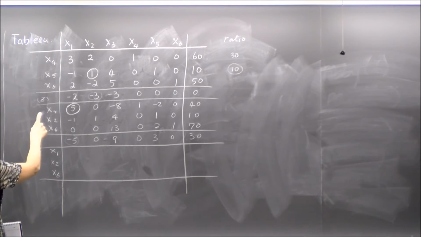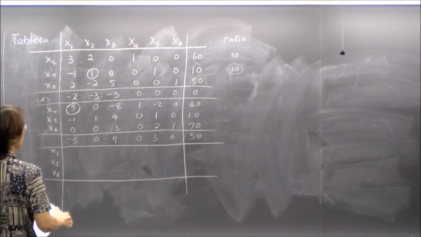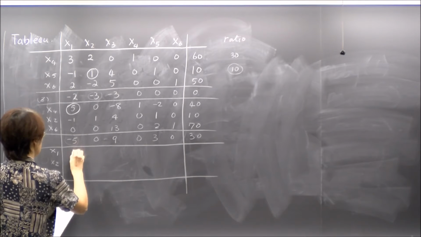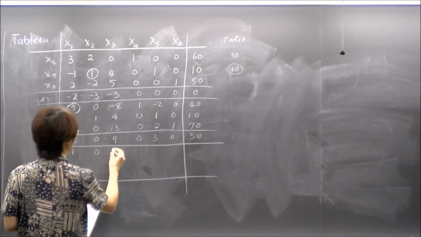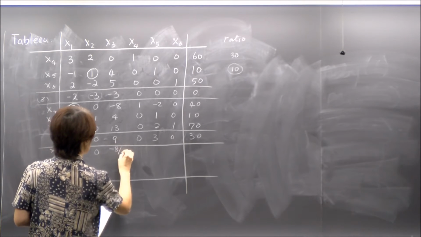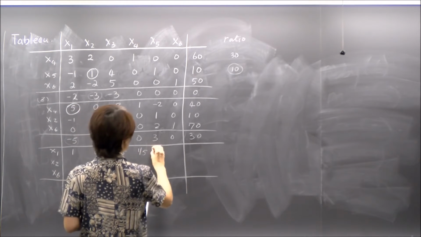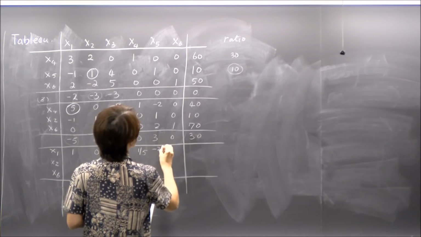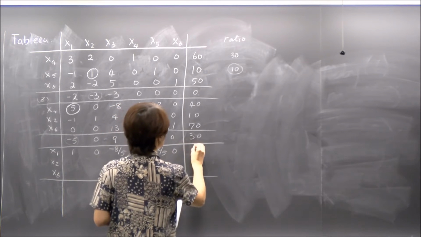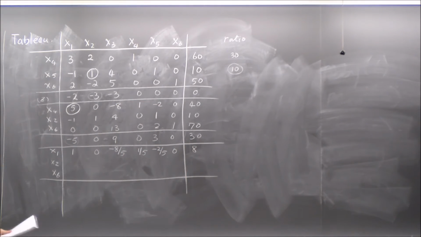Okay, so I multiply this row by 1 over 5. So I get 1, 0, negative 8 over 5, 1 over 5, negative 2 over 5, 0, and 8. Is that okay? Is it clear how it's done?